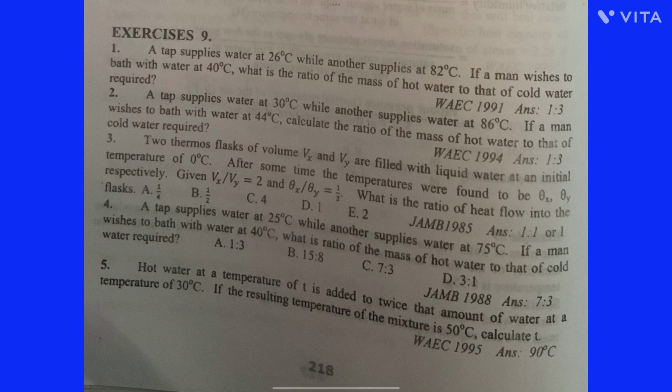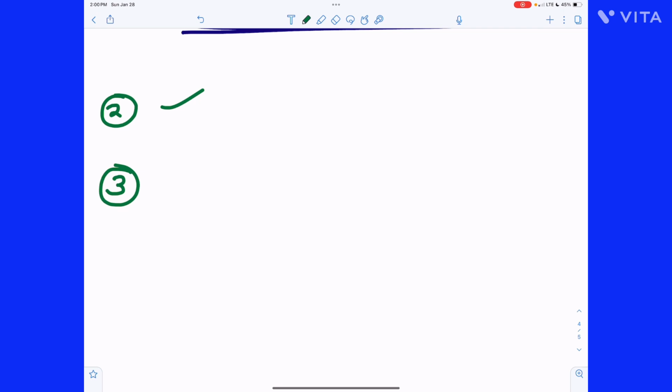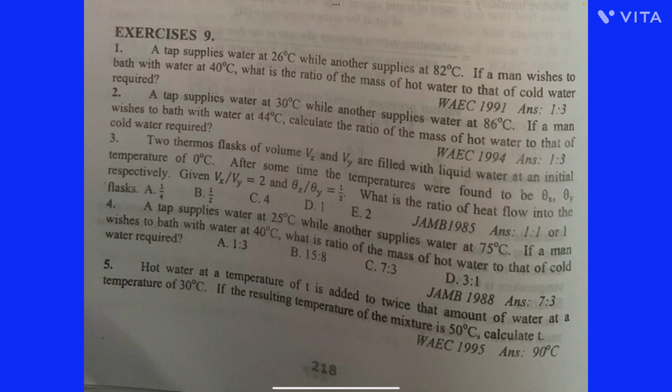2 thermos flasks of volume Vx and Vy are filled with liquid water at an initial temperature of 0 degrees Celsius. Okay, let's draw the flasks like this. 2 flasks, filled with liquid water at volume Vx and Vy.